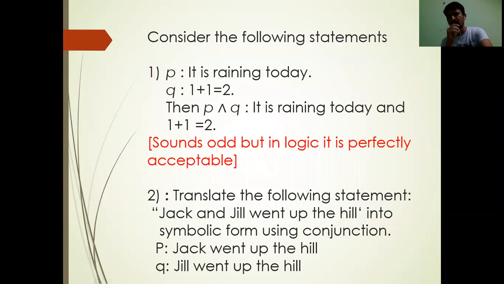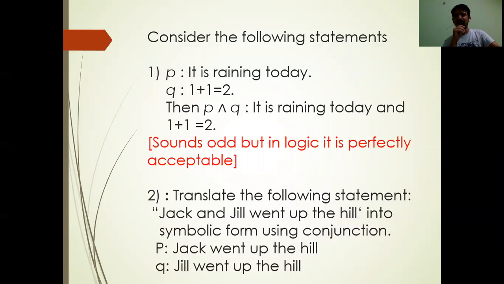Right? So one more example. P: it is raining today. Q: 1 plus 1 is equal to 2. Then what is P and Q? It is raining today and 1 plus 1 is equal to 2. It sounds odd. Why?